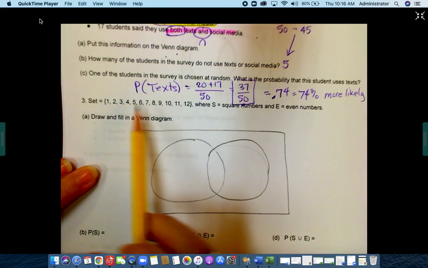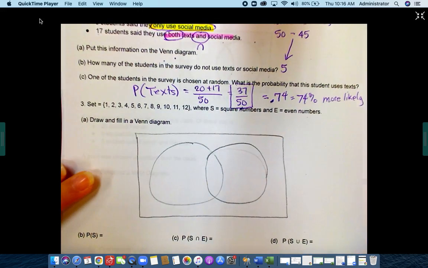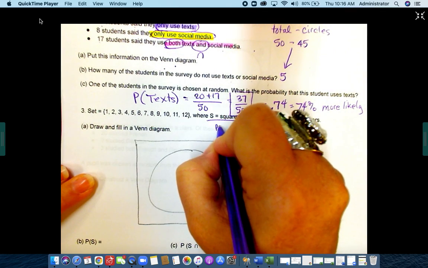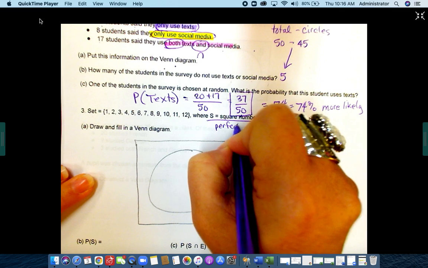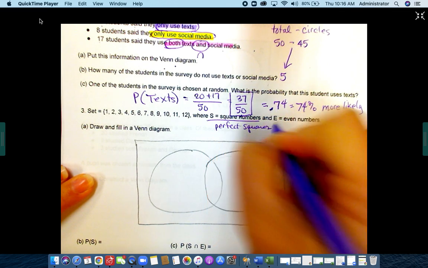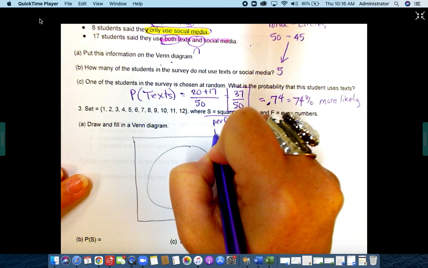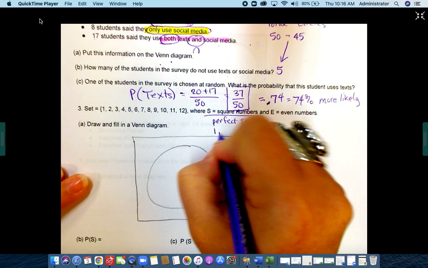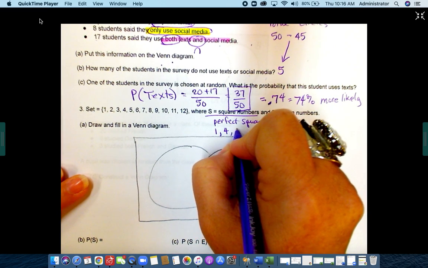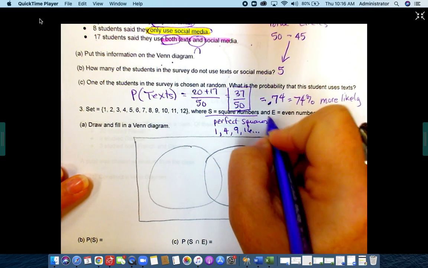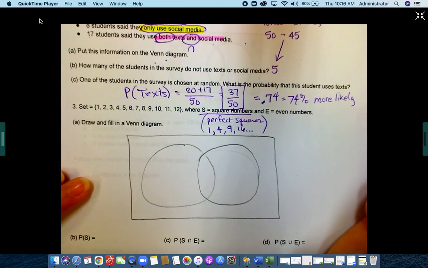And we are given numbers where it says that S are square numbers. So by that we mean perfect squares. Well, that requires us to remember what those are, right? So remember that means 1 squared is 1, 2 squared is 4, 3 squared is 9, 4 squared is 16, etc. So I just want to remind you of what perfect squares are.